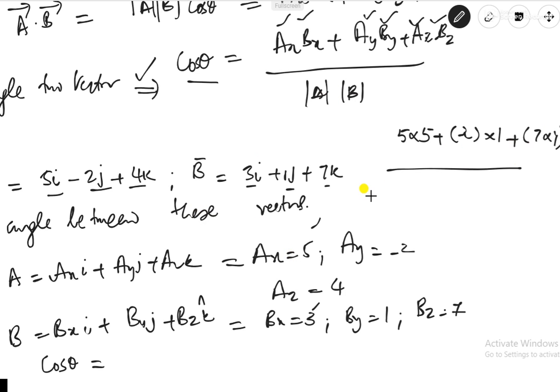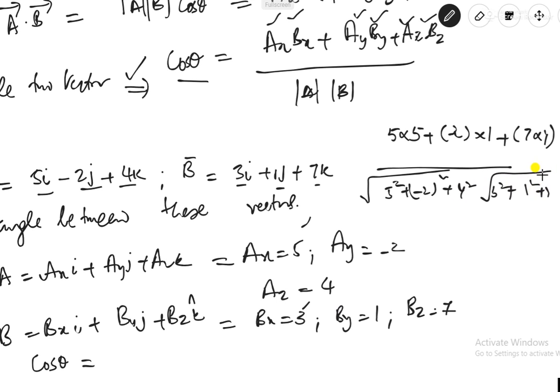A magnitude is the square root of 5 square plus minus 2 whole square plus 4 square. B magnitude is 3 square plus 1 square plus 7 square. This is equivalent to almost 41 by root 45 into root 59.